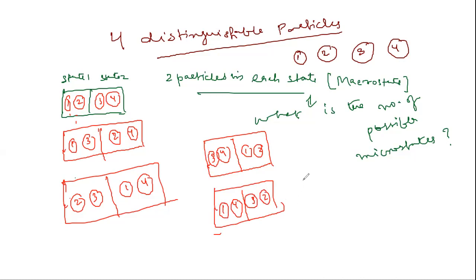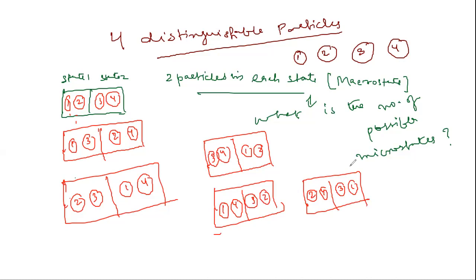There is one more possibility. You place 2 and 4 in state 1 and 3 and 1 in state 2. If you check, there is no repetition. In first, we have 1 and 2 in state 1, 3 and 4 in state 2. In second, 1 and 3 in state 1, 2 and 4 in state 2.